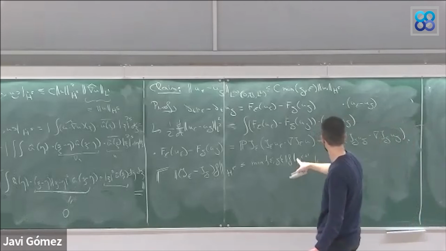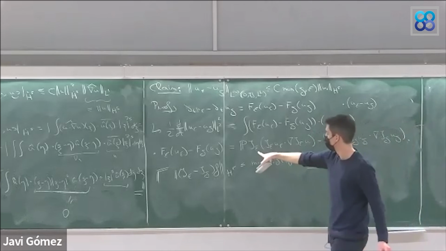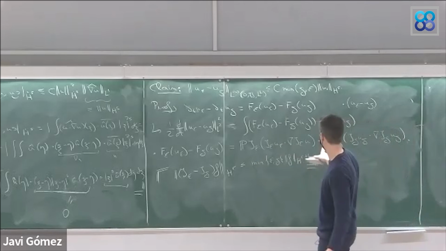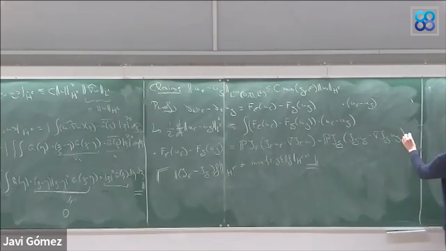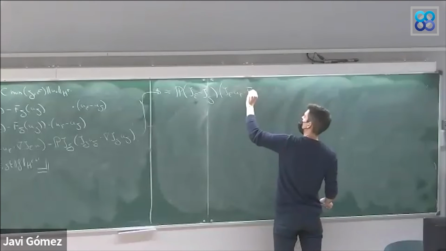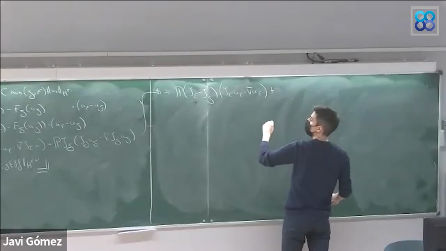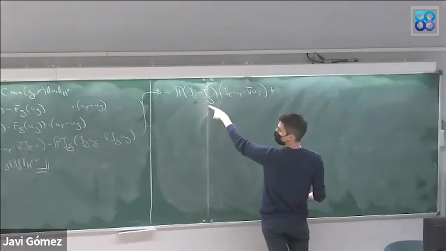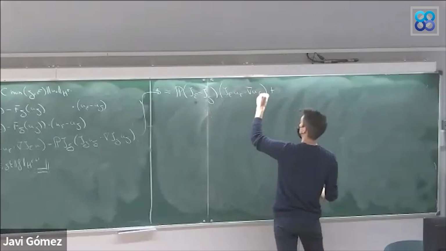Well, with this in mind, I will write this term, looking all the time for differences between the modifiers. So let's start. This is E. Now I've added this one, so I've subtracted this one, I have to add this one.